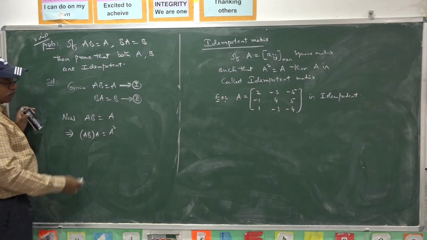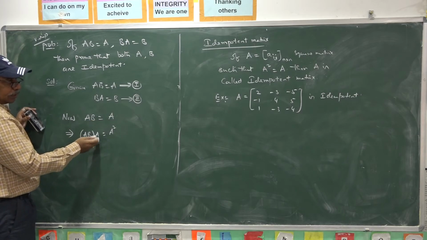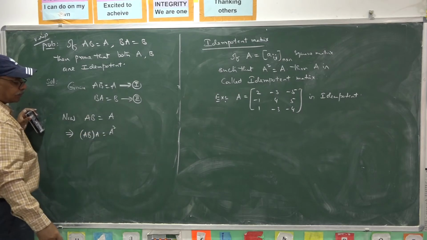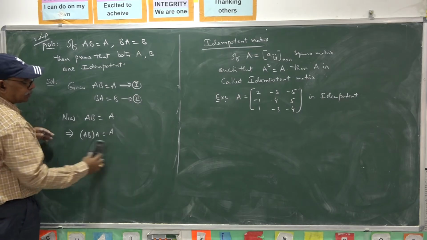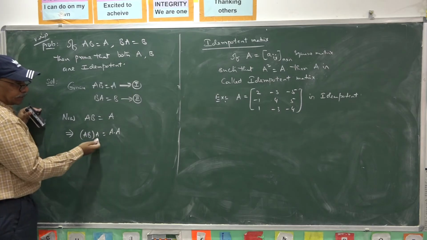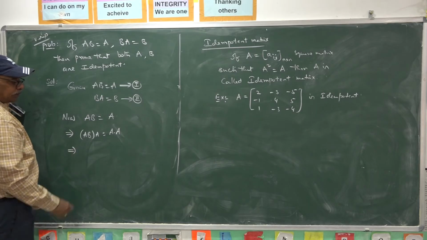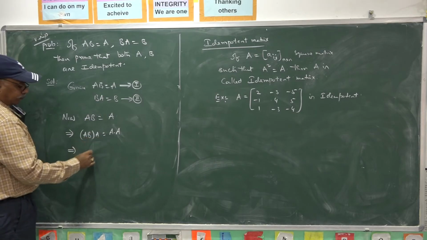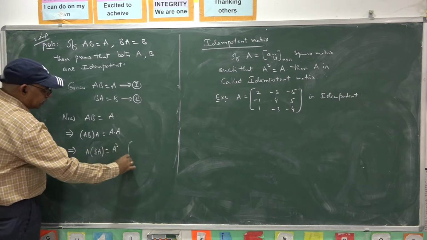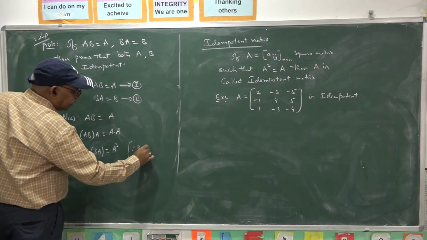A is considered as post multiplier here. Hence A into A gives us A square. I am taking the product on right hand side with A. That implies AB into A may be written as A into B equal to A square, since matrix product follows associative law.